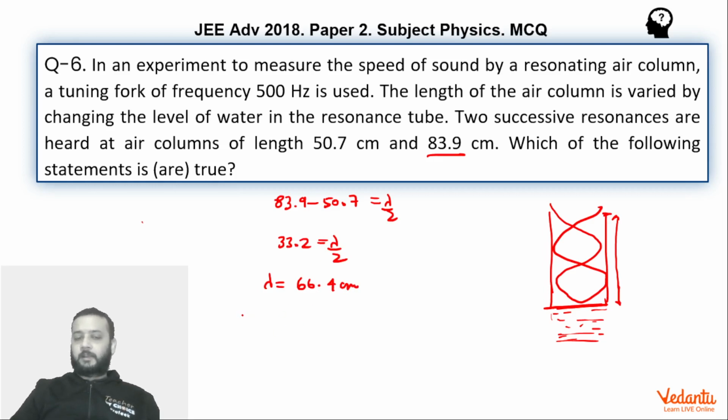Now the velocity of the wave can be simply found by using f into lambda. f is 500 and lambda is 0.664 meters. So this can be written as 1000 into 0.332, which is nothing but 332, and hence the speed of sound comes out to be 332 meters per second.